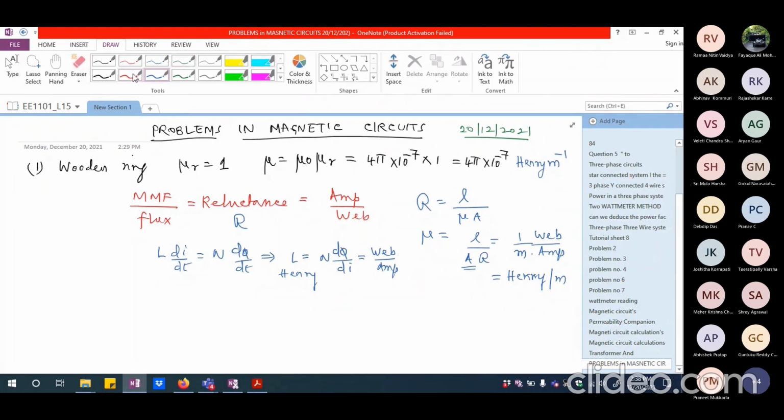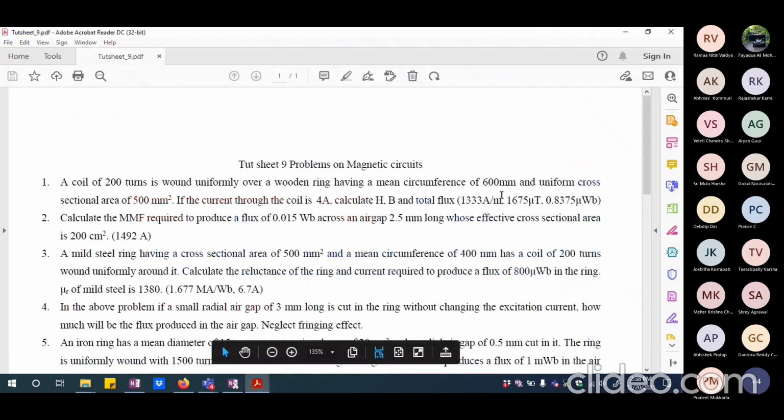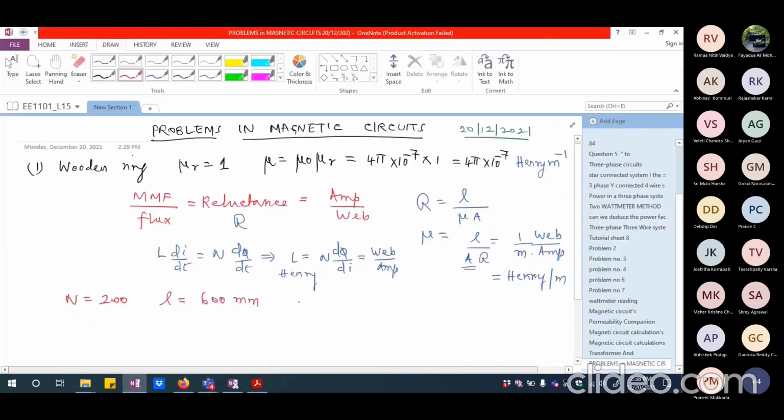Now what is being given is the number of turns is 200 and the length of the magnetic circuit is given as 600 mm. I think what is given is circumference is 600 mm and the cross-sectional area is 500 mm square. So I should write A is equal to 500 mm square.